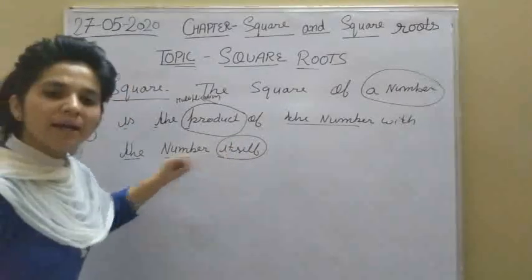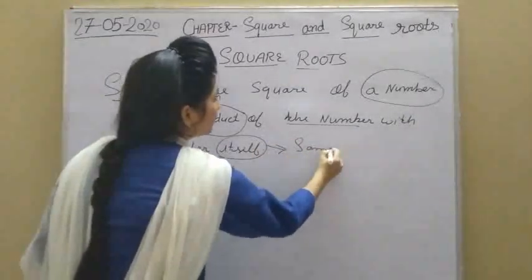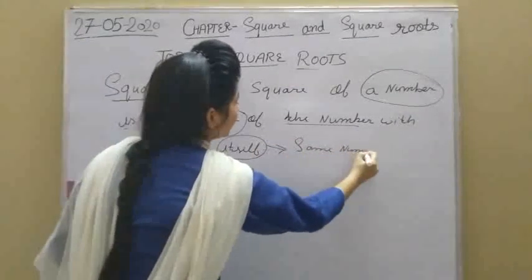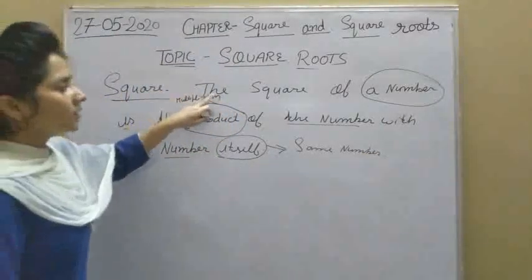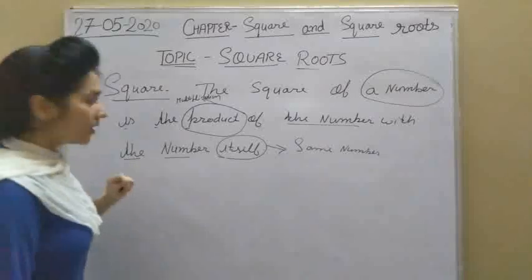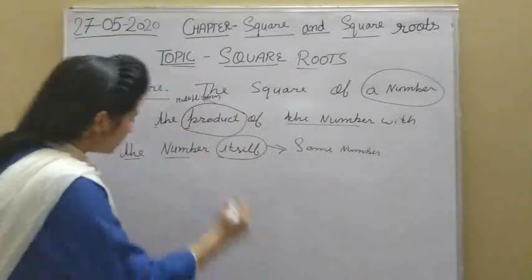What do you mean by itself? Itself means the same number. The square of a number is the product of the number.